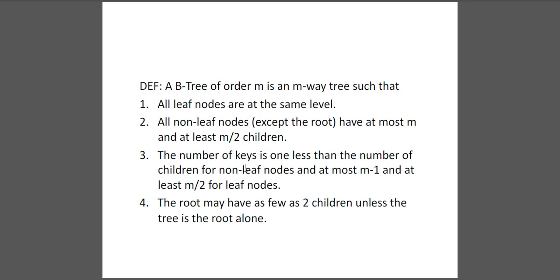The third point is about the number of keys. And the fourth one is the root may have as few as 2 children unless the tree is the root alone. So these are the four properties of the B tree.